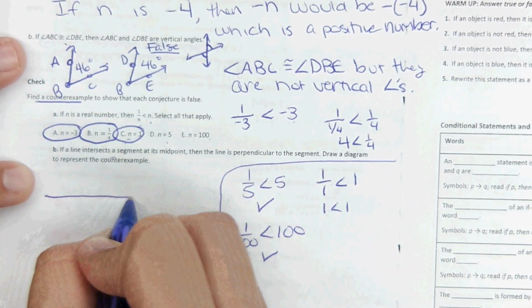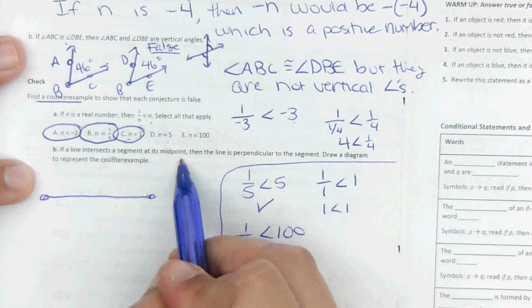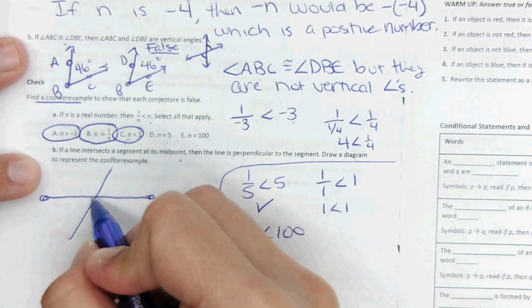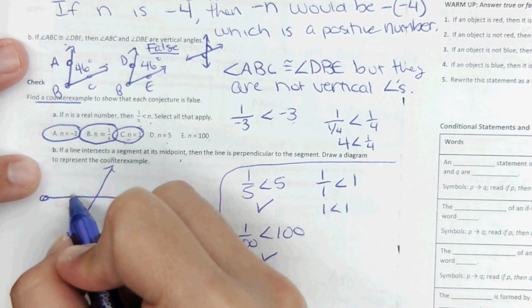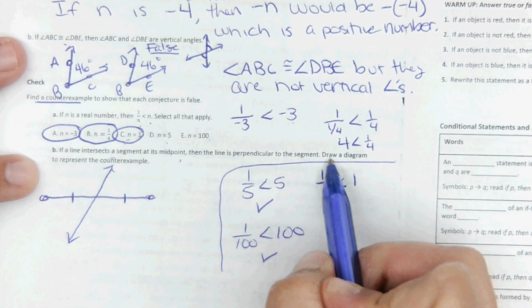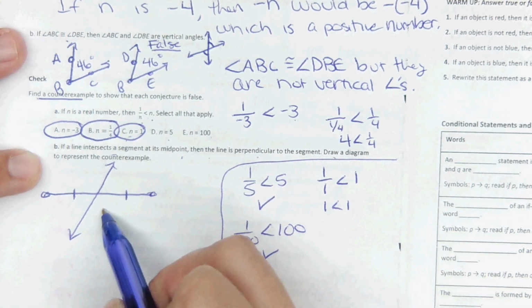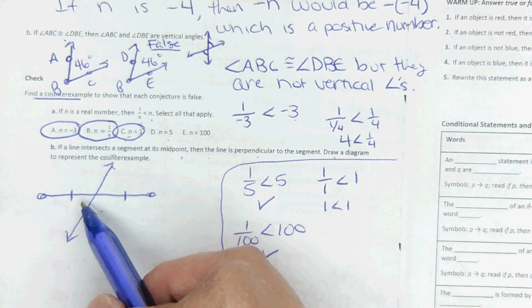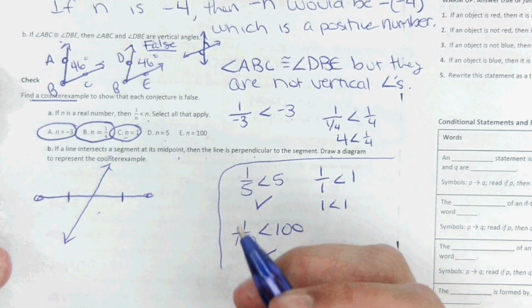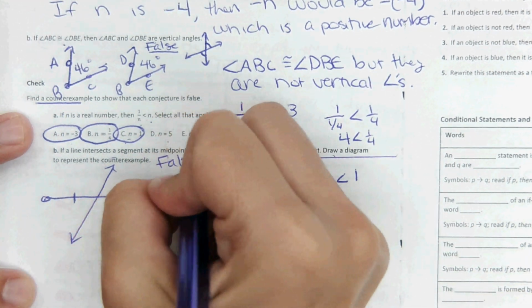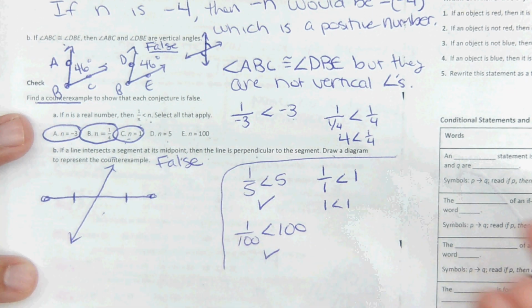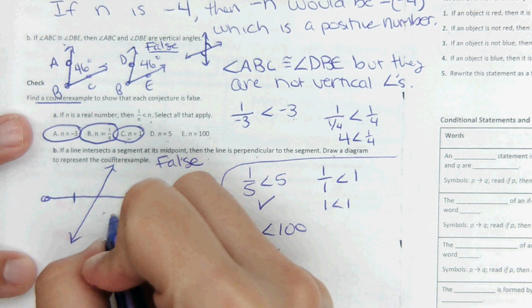Okay, just going to put this off to the side. If a line intersects a segment at its midpoint, so a segment right here, a line intersects that segment at the midpoint, so let's just draw a line. And then midpoint means this will be equal to this. Then the line is perpendicular to the segment. Well, in my drawing right here, no, it's not perpendicular.